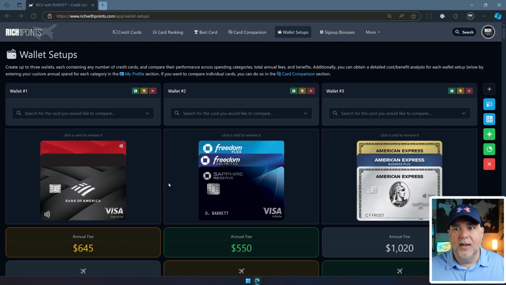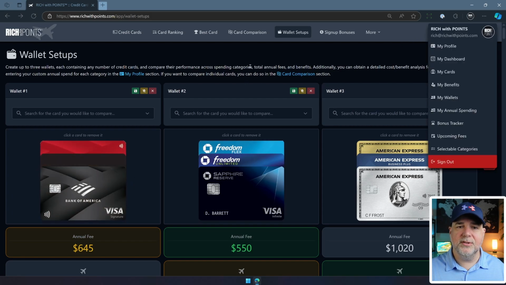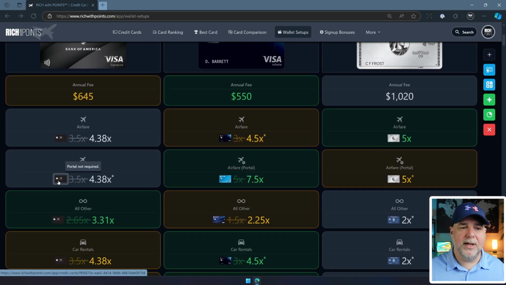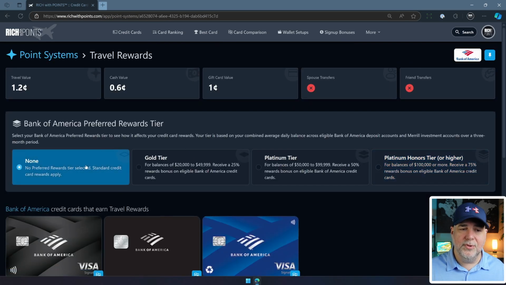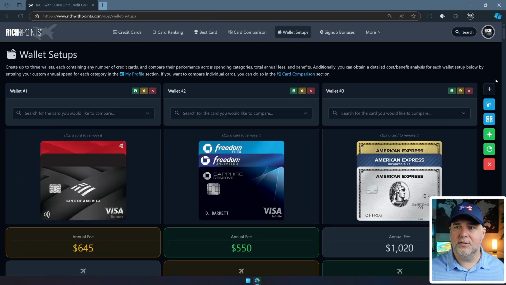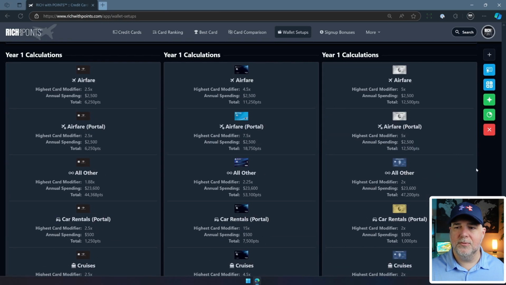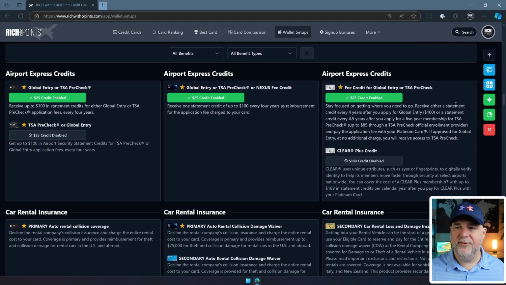So for me, if I had a mutual fund with Merrill Lynch that had $100,000 in it, this would be a better setup. If you don't, let's pop over to here again, and if you do not have this, and you come back to the wallet setups and scroll down, let me get rid of that extra benefit.